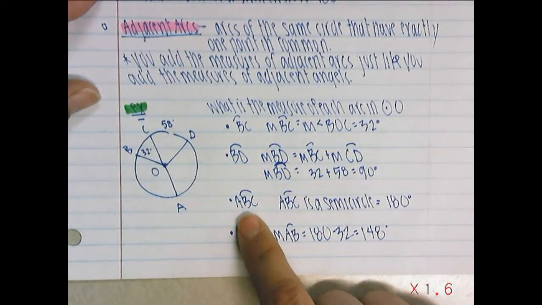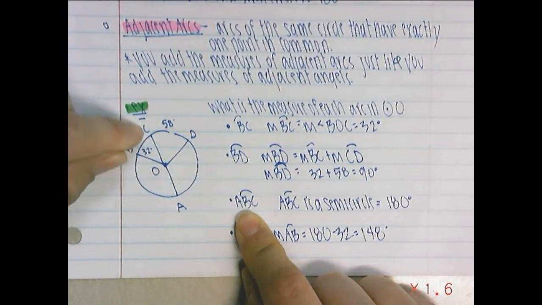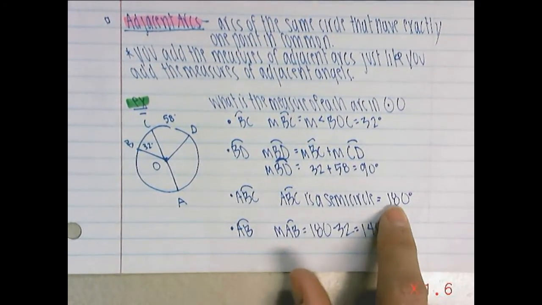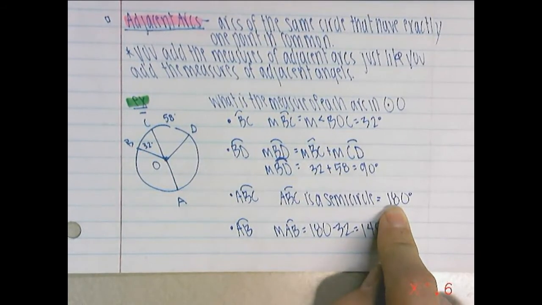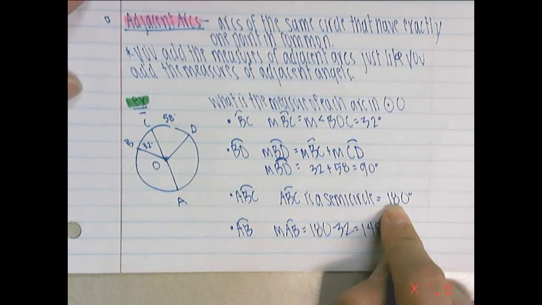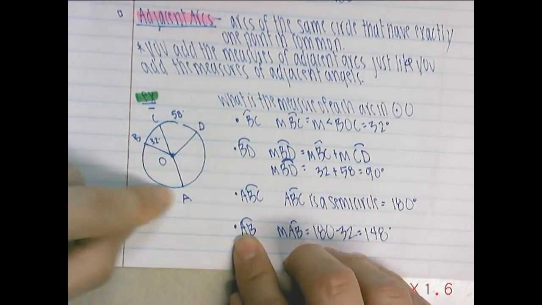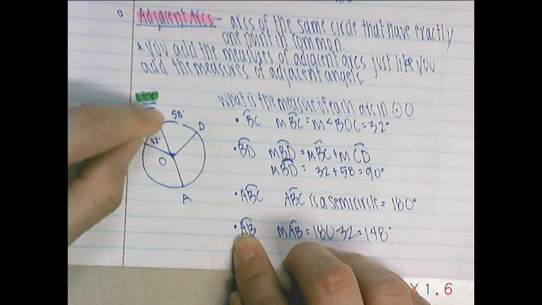The next thing I want to look at is ABC, from A to B to C. Well, that's a semicircle, so I know straight away that's just 180 degrees. All right, straight up 180 degrees. And lastly, I want to find the measure of arc AB. Well, arc AB makes up part of the semicircle, which is 180 degrees, right?